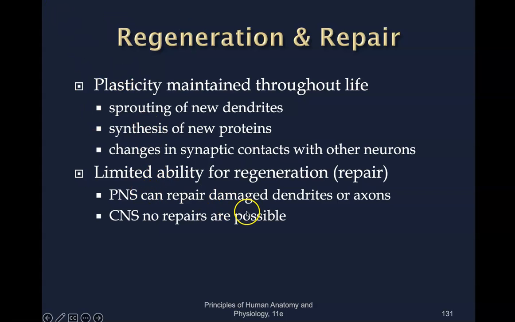Now, when we talk about regeneration and repair, remember that the peripheral nervous system can do this. We already talked about that a little bit with those Schwann cells that are wrapped around the axon. So if there is damage, especially to the axons, that can be repaired in the peripheral nervous system, whereas the central nervous system doesn't have a repair system in place for that.